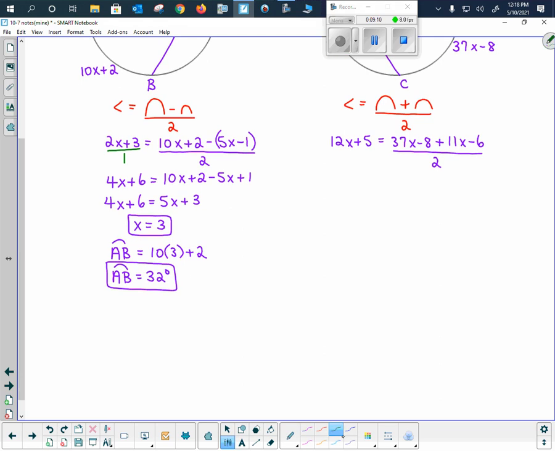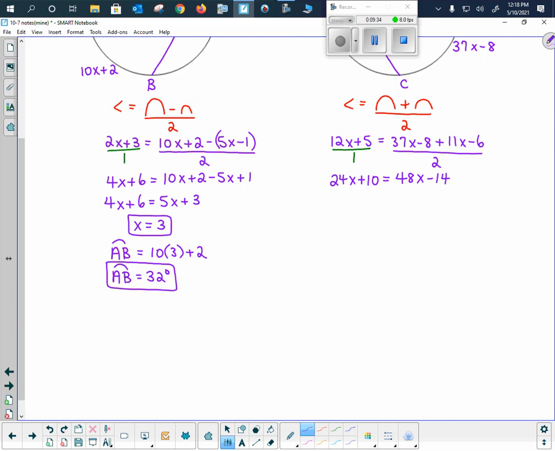Again, suggestion is put this over 1 and cross multiply. So if I do 2 times the quantity of 12x plus 5, 24x plus 10 equals, combine like terms, 37 and 11, 48x. Negative 8 minus 6 is minus 14.